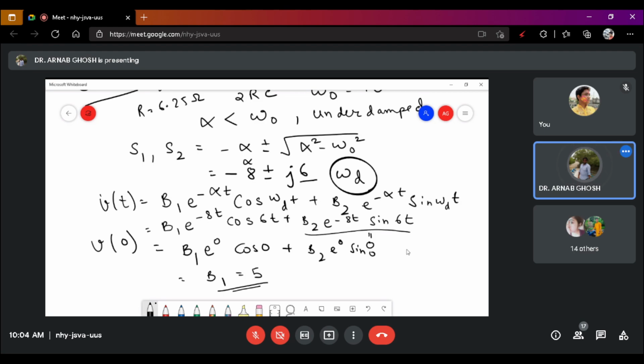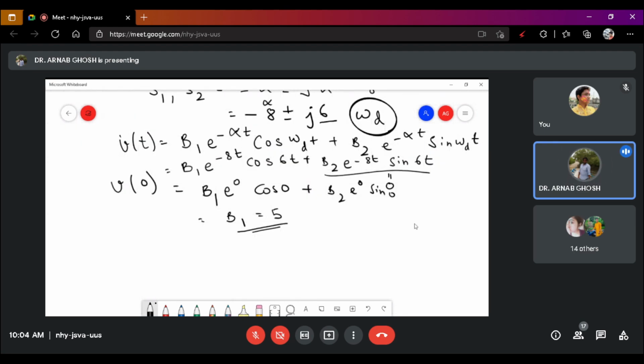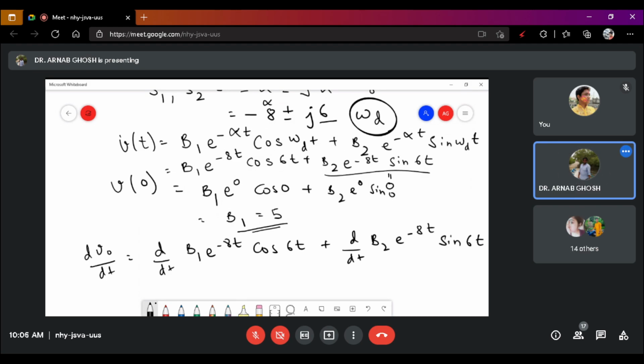Now you again differentiate this, for dv0 by dt. Same thing: you have to do d by dt of b1 e to the power minus 8t cos 6t plus d by dt of b2 e to the power minus 8t sine 6t.